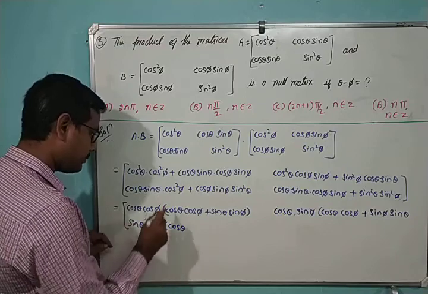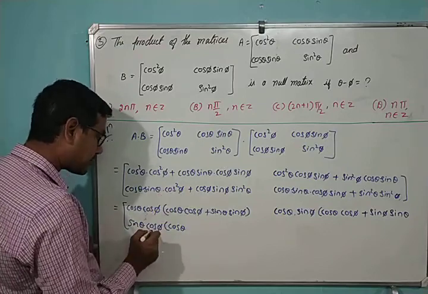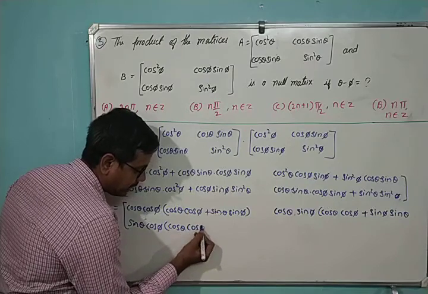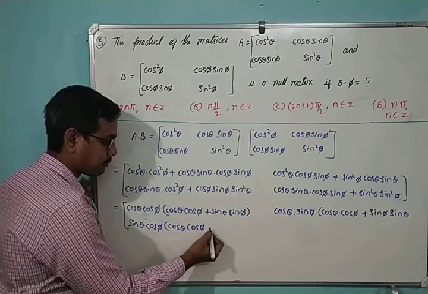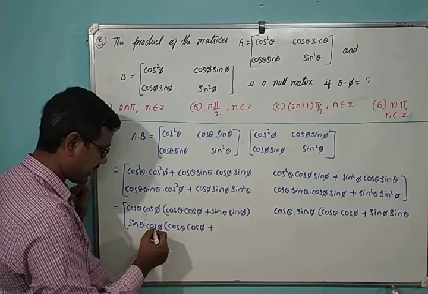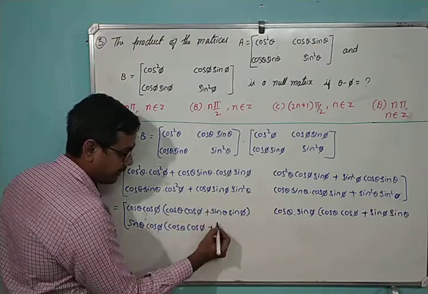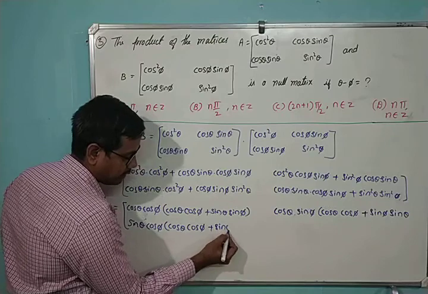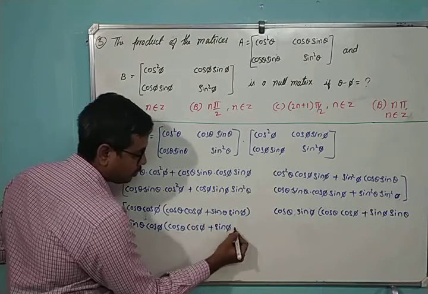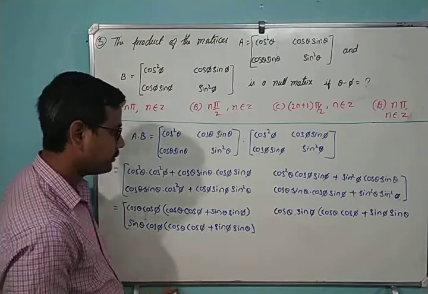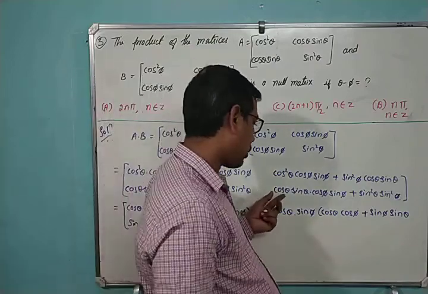Sin theta is not there. But cos square phi: cos phi is outside, one more cos phi will be inside. Plus cos phi is gone. Leave it. Sin theta is gone, so sin phi will come. Sin phi into sin theta.